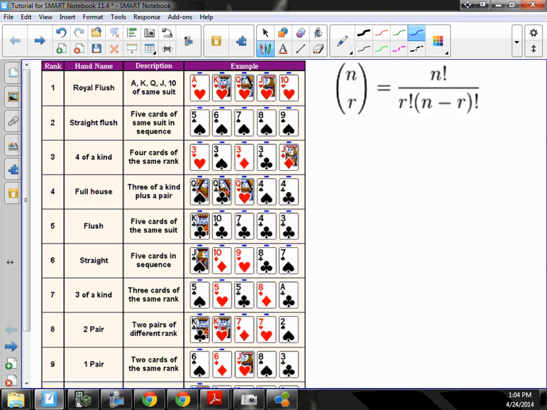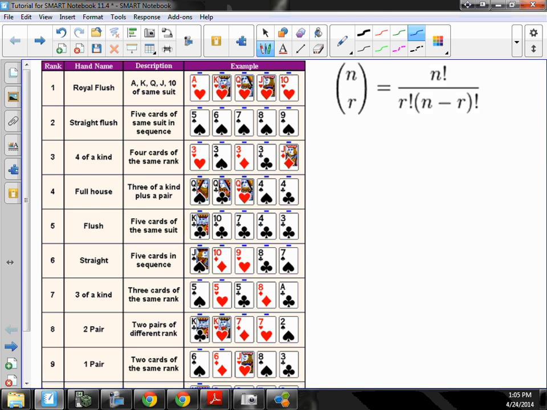Now, a flush. What is a flush? All the cards have the same suit, but there's a catch. They can't be in perfect order. Because if I have all hearts, I have a flush.